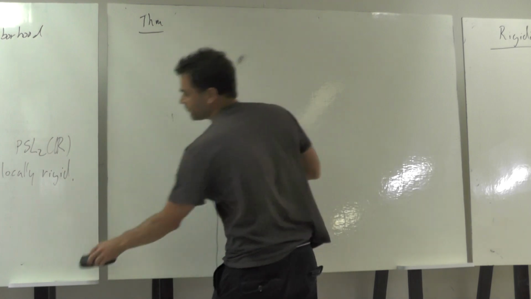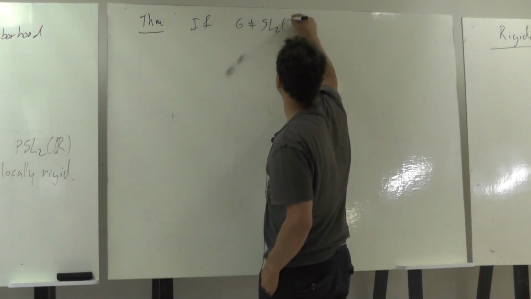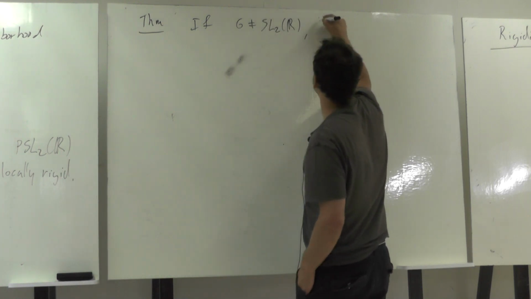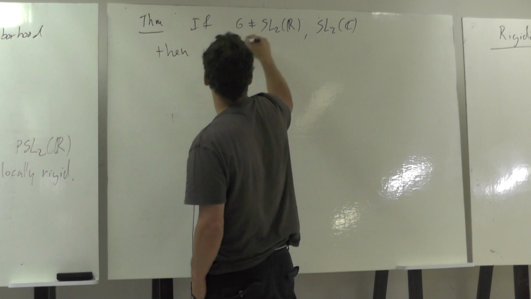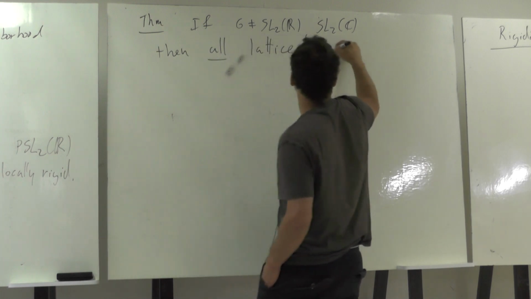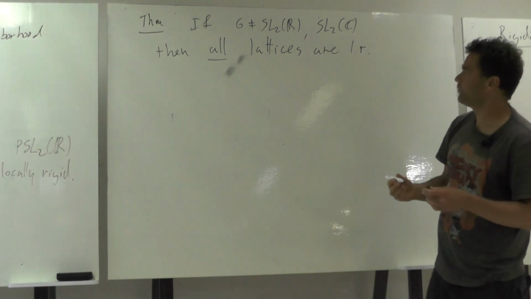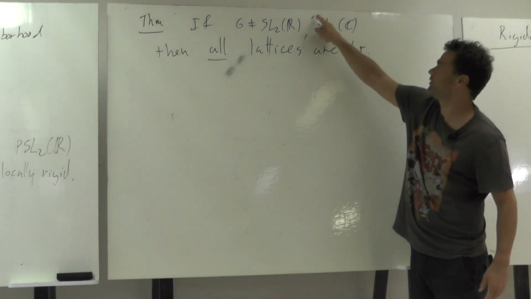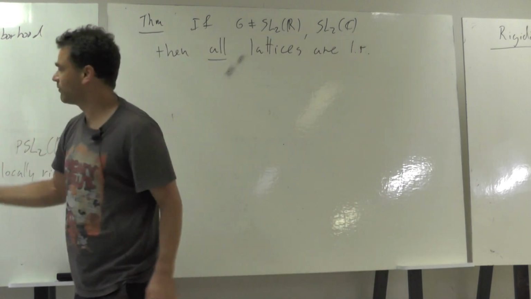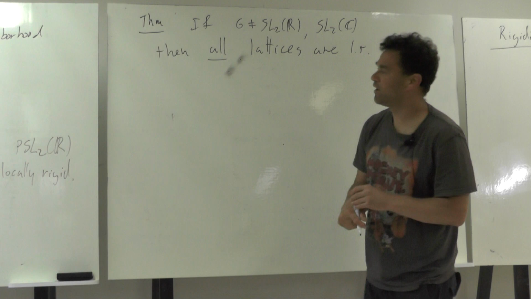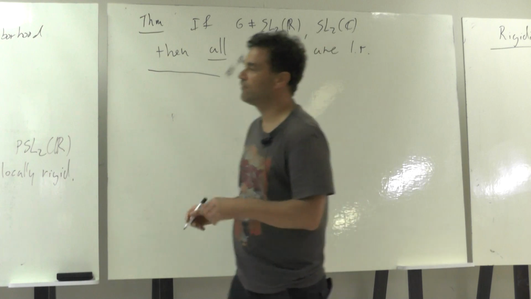I will not say all the names. If G is neither SL2R nor SL2C, then all lattices are locally rigid. It follows from superrigidity in higher rank and by the work of Garland and Raghunathan in rank 1. In SL2C, non-uniform lattices are not locally rigid, but uniform lattices are, and in SL2R, even uniform lattices are not.